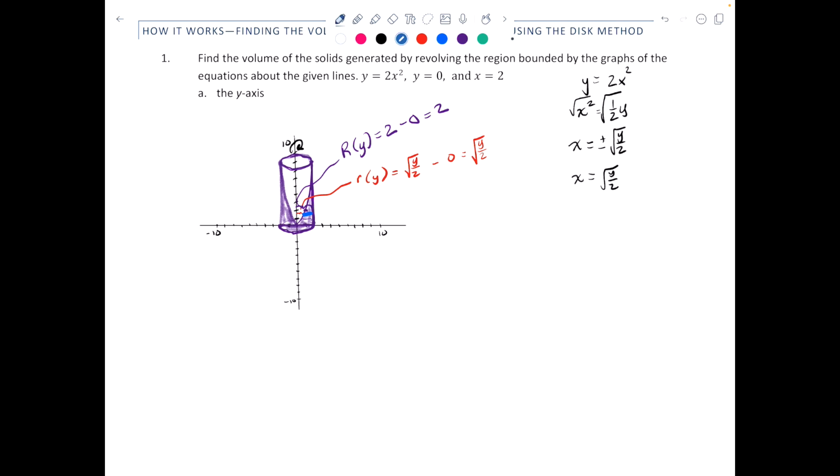So the volume will be the integral. Since it's a dy, we're going to go from 0 to 8. We still have pi multiplying. And then we have 2 squared minus root y over 2 squared dy.